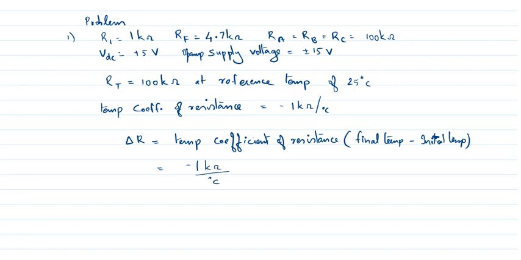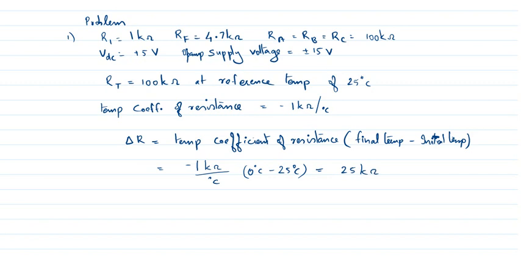Final temperature here is 0 degrees Celsius, and the reference temperature will be 25 degrees Celsius. So we can write it as 0 degrees Celsius minus 25 degrees Celsius. In this case, this will be equal to 25 kilo ohm.